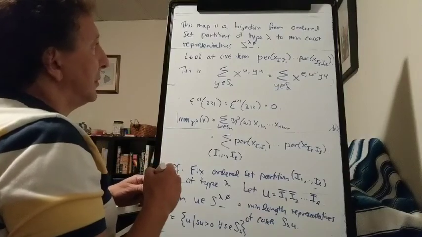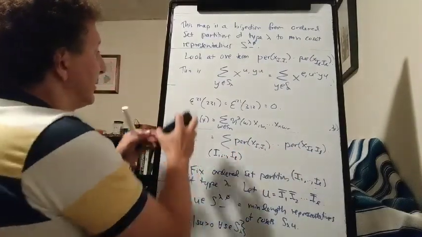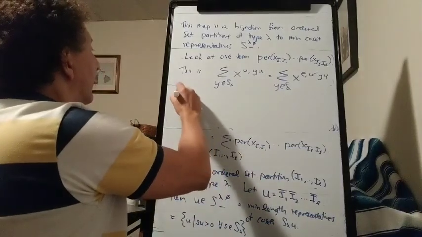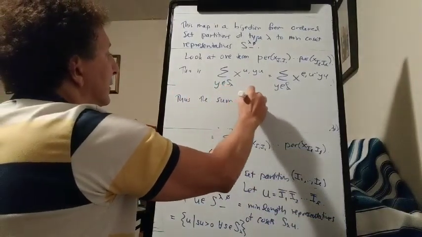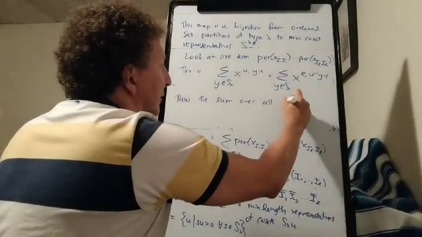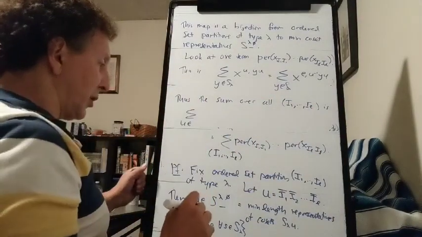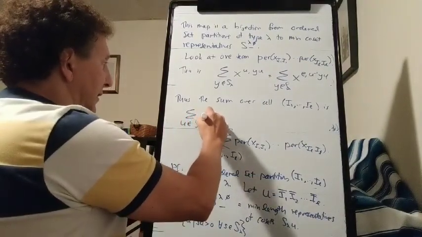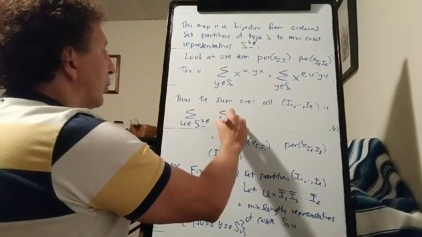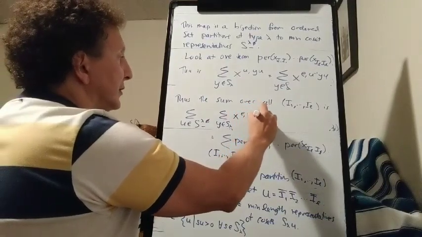So each one of those products of permanents looks like this, and if we take the whole sum of products of permanents over all ordered set partitions of type lambda, by the bijective correspondence above, that's like summing over all minimum coset representatives u in S lambda empty set minus, the sum of all y in the Young subgroup, x e u inverse y u.